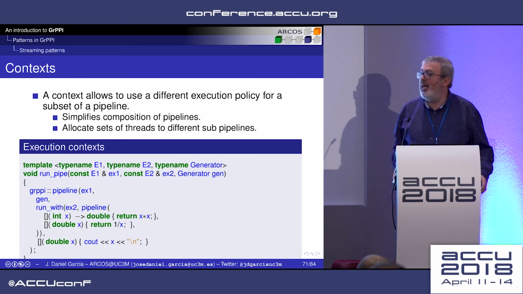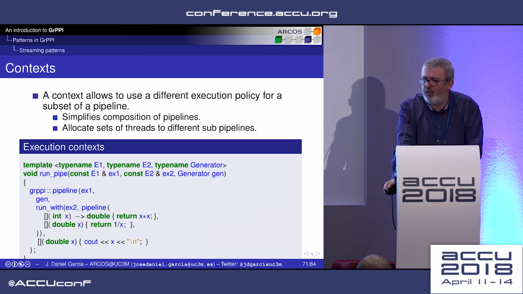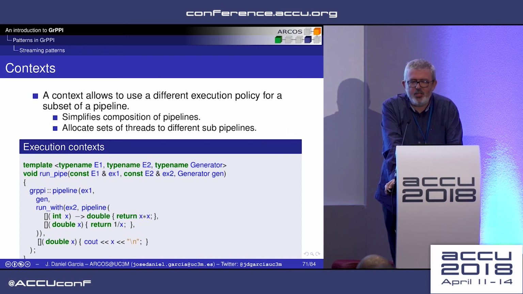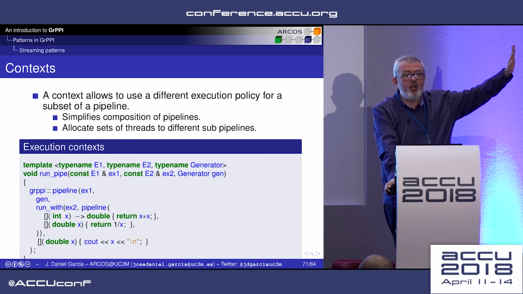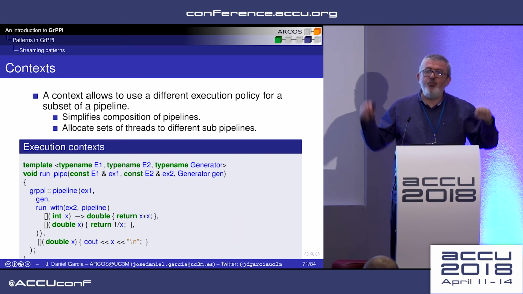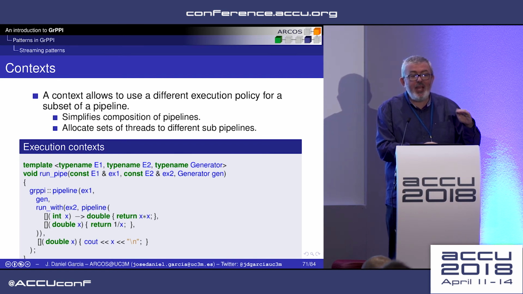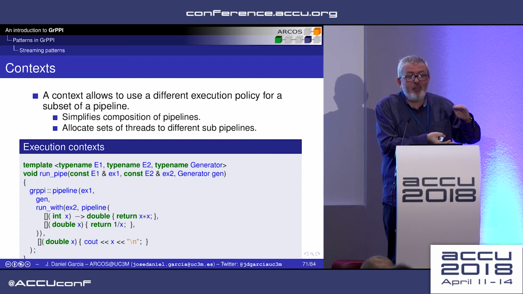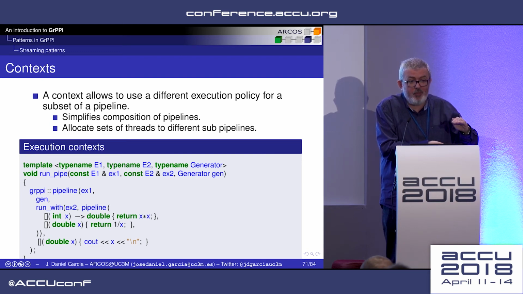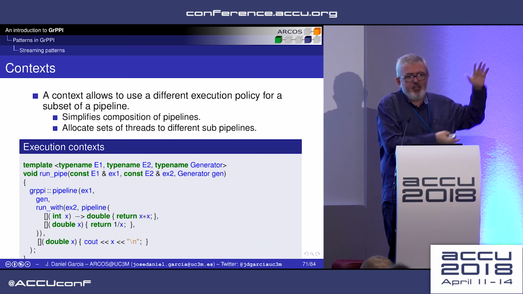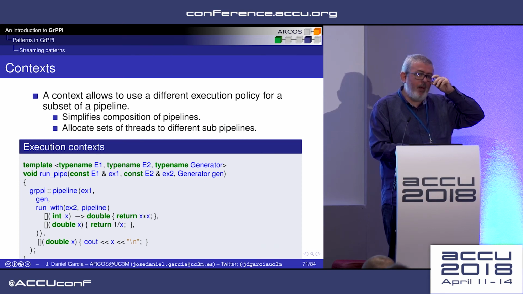This has a number of uses. The first one is that even if I have the same execution policy, let's say OpenMP, I may have two OpenMP execution policies with different numbers of threads. In this way, I may decide to give a number of threads to one subset of the pipeline and another number of threads to the higher level pipeline.